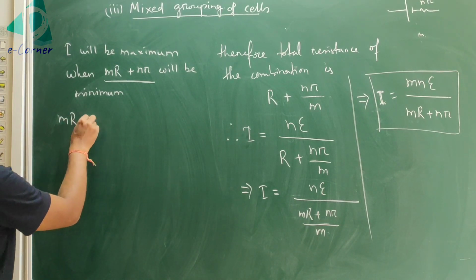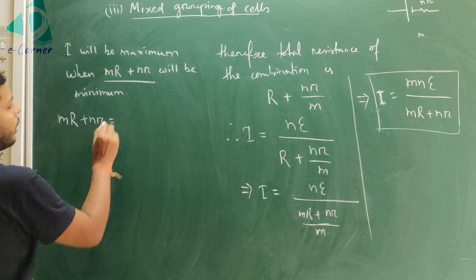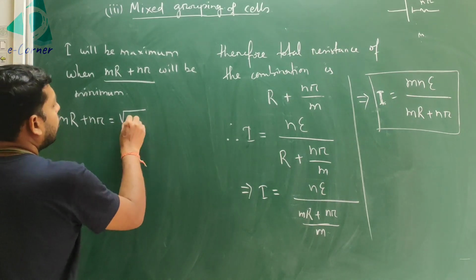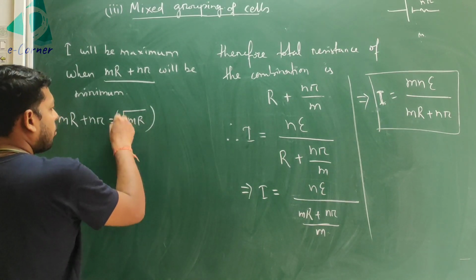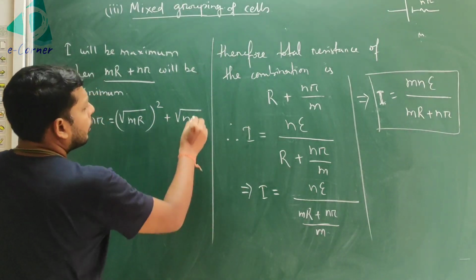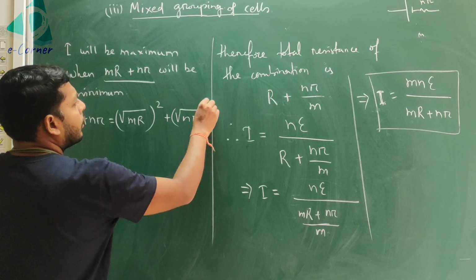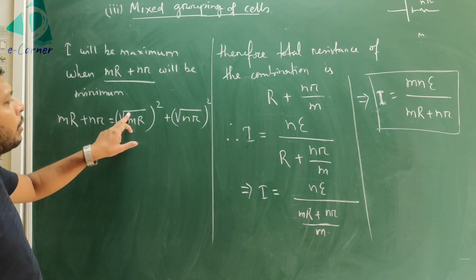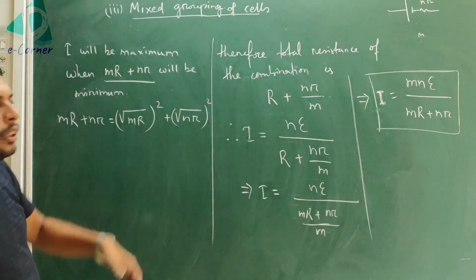This mR plus nr can be written as root under mR whole square plus root under nr whole square. Got it?